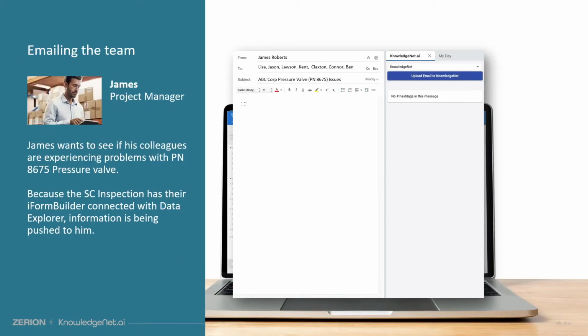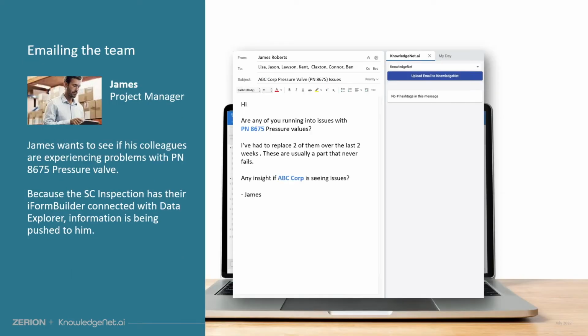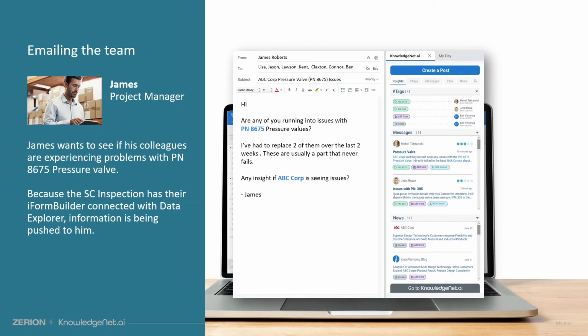But because they have Data Explorer and this iForm connection, this information is being pushed to them. So Data Explorer collects and connects information from iFormBuilder to surface that relevant information.